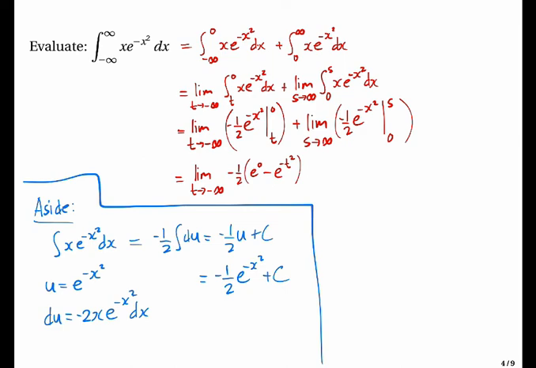And then for the other one, we will have plus the limit as s approaches infinity. Again, we factor out negative 1/2. So we will obtain e to the minus s squared, evaluated at s, minus e to the 0.